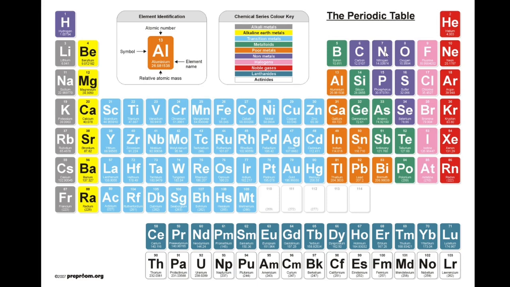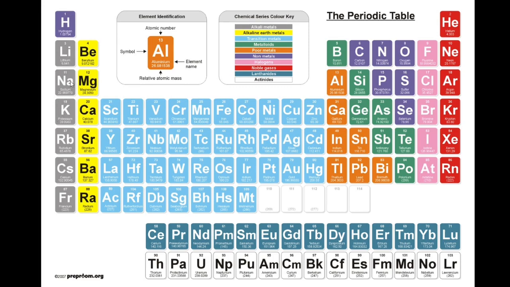So the ones that we tend to discuss in biochemistry and in biology quite a lot, you can see some over here. So there's carbon, which we'll talk about in a bit more detail in a minute. Nitrogen, oxygen. Up here to the top left-hand corner, we have hydrogen. You have these very reactive metals, so lithium and sodium and potassium.